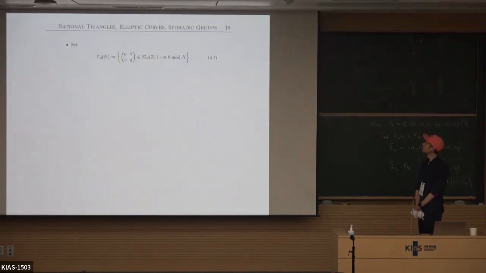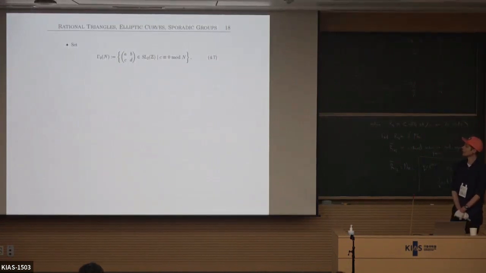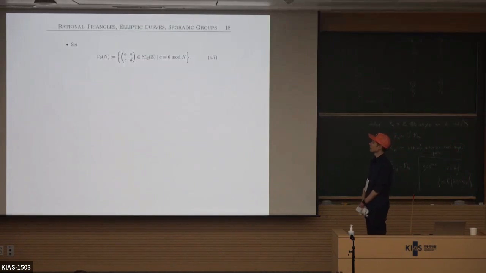I'm going to maybe try and motivate this notion a little bit more. For this, I'm going to pull out a specific family of subgroups of SL2Z, gamma naught n. This is just the subgroup of matrices that are upper triangular mod n. Given such a group, let G be a cusp form of weight 2.